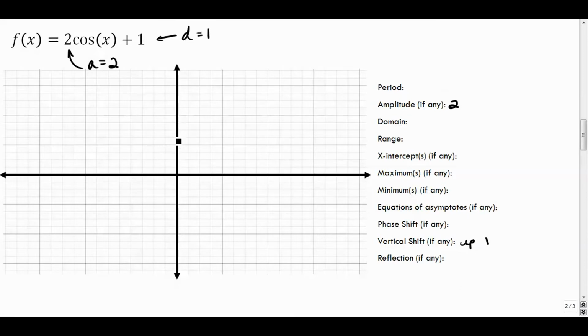Alright, so let's graph quickly the original cosine, just to get a general idea of what this thing looks like. So I go down here, and notice I'm graphing it with a y-axis scaling that's a little bit squished, because when I amplify the function, I make it twice as big.